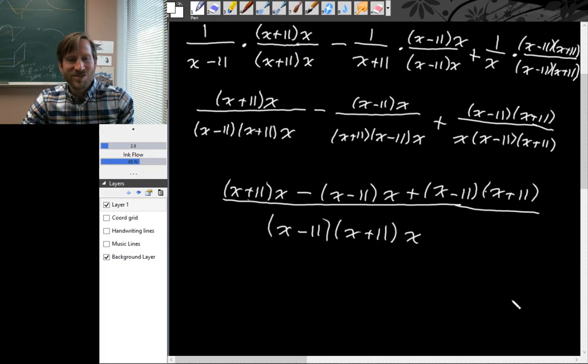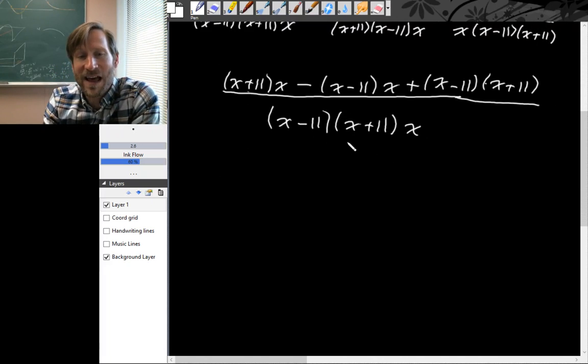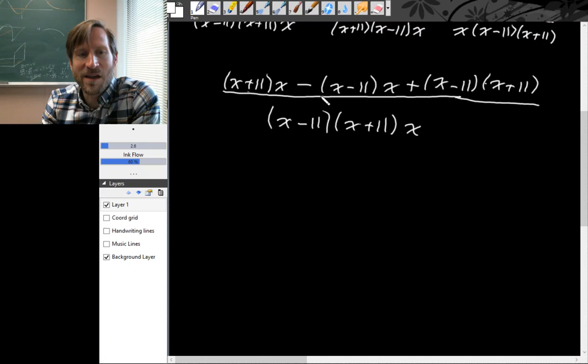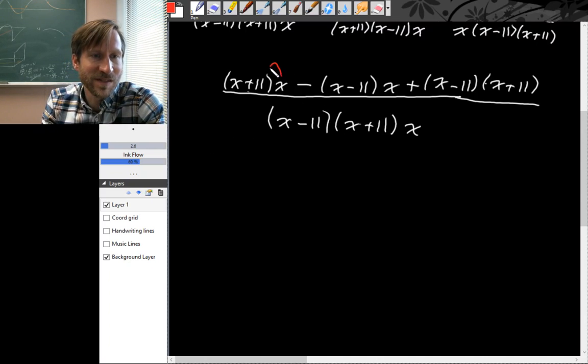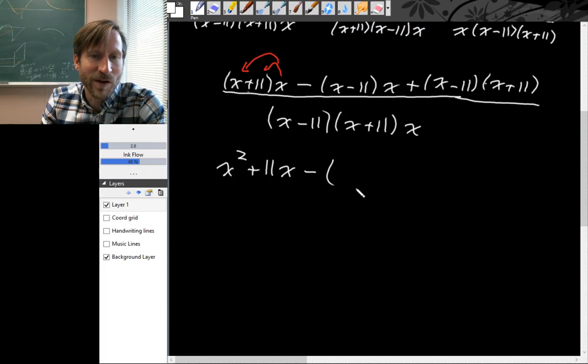Now the denominator is as simple as it's going to get. If we multiplied it all out, it wouldn't really do us any good. But the numerator is not simplified. If we multiplied everything out, we could combine like terms, and that would make the numerator simpler. So we should go ahead and multiply the numerator out. In the first one, distribute this x. We get x squared plus 11x, minus, and in the second one, distribute that x.